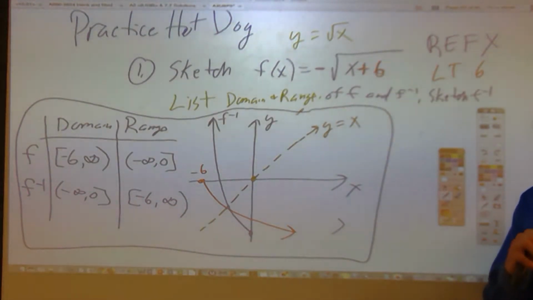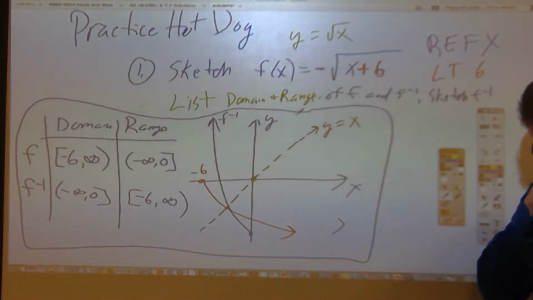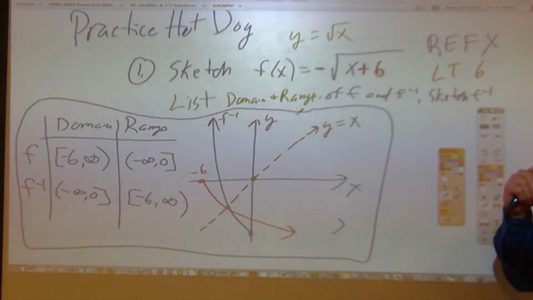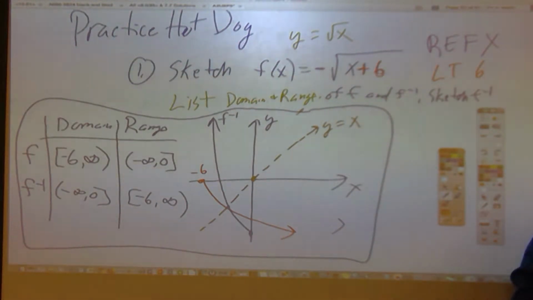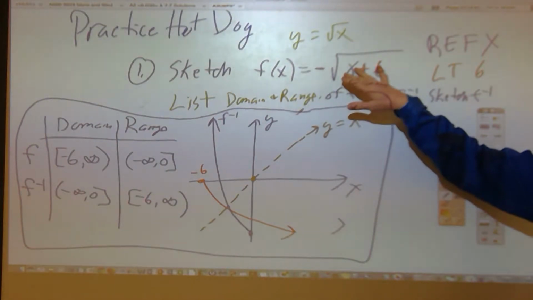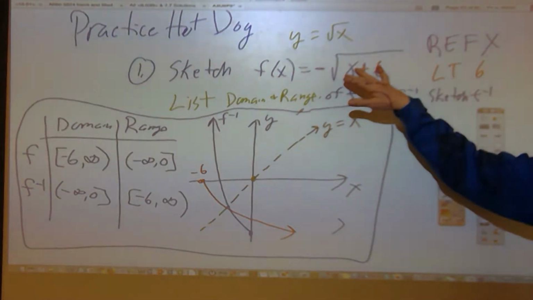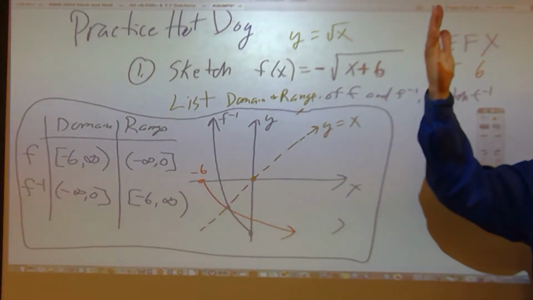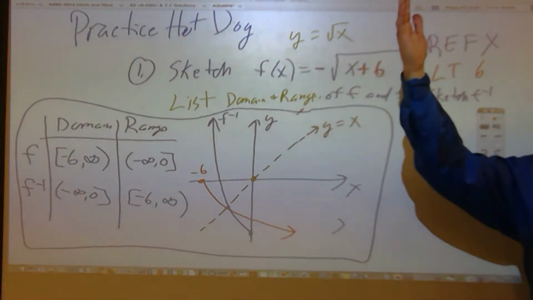Thomas? Wait, how do you know the blue graph is like that? How can you do that without a calculator? Well, first of all, if your original function is a square root graph, then its inverse will be either the right half of a parabola or the left half of a parabola.